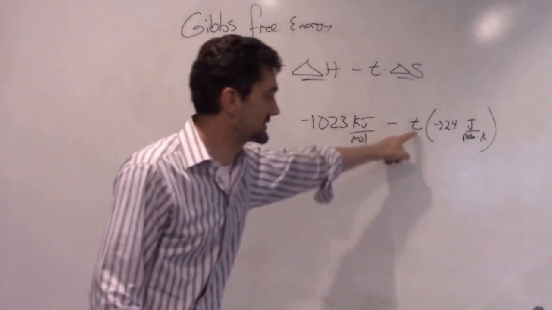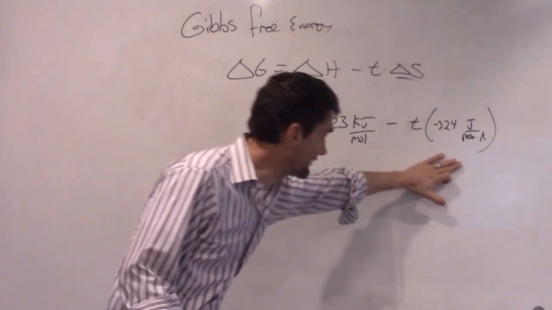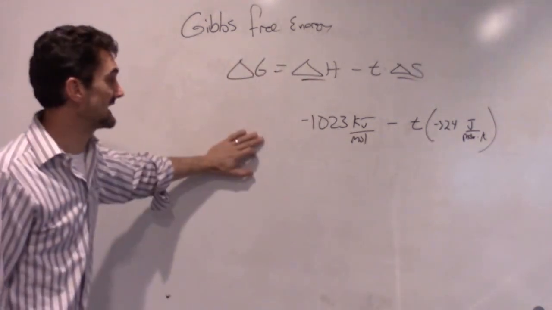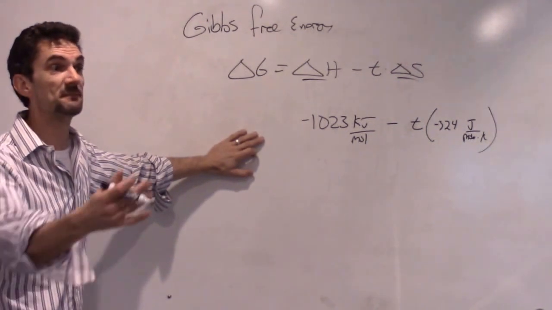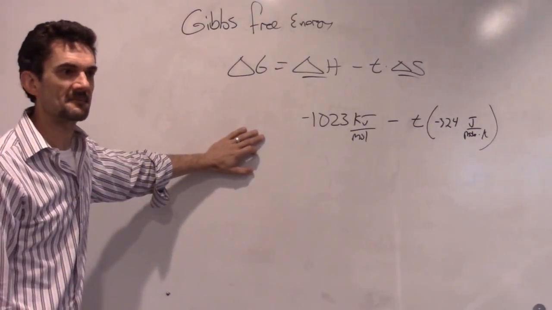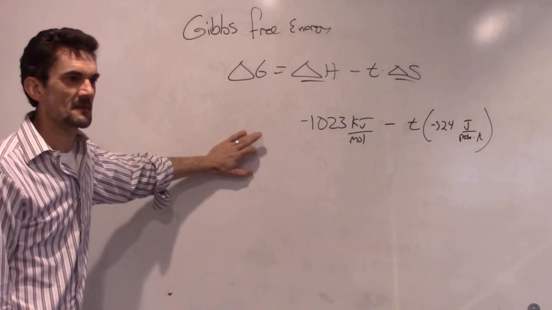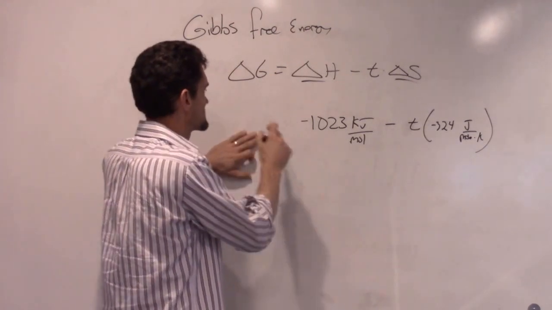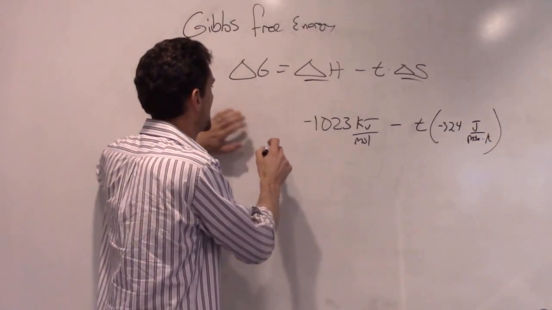We don't know the temperature, but we know that when you add all this together, for it to be spontaneous, delta G has to be negative. How can we show delta G being negative here?